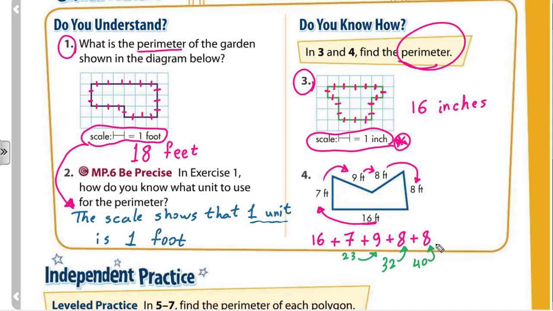Plus another 8, 48. So the total here is 48.